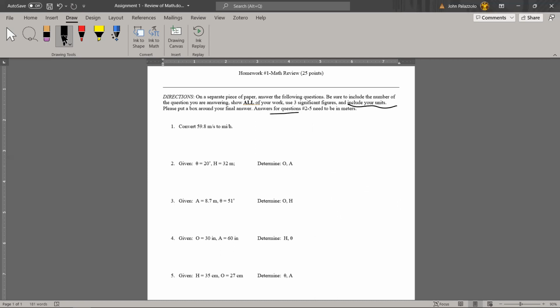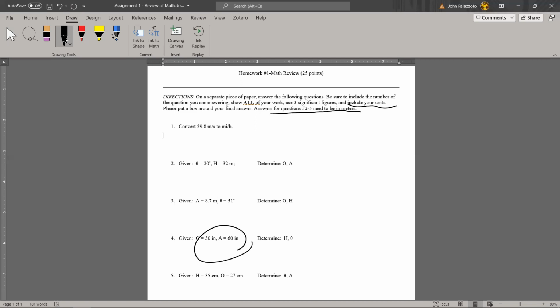And it even says right here, questions 2 through 5 need to be in meters, okay? Like we talked about in the introduction for this class and the review of math lectures, we use SI units. That includes meters.